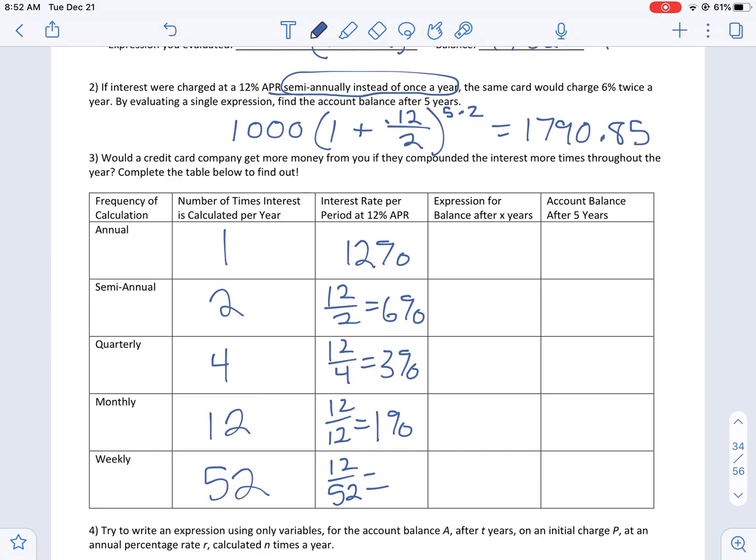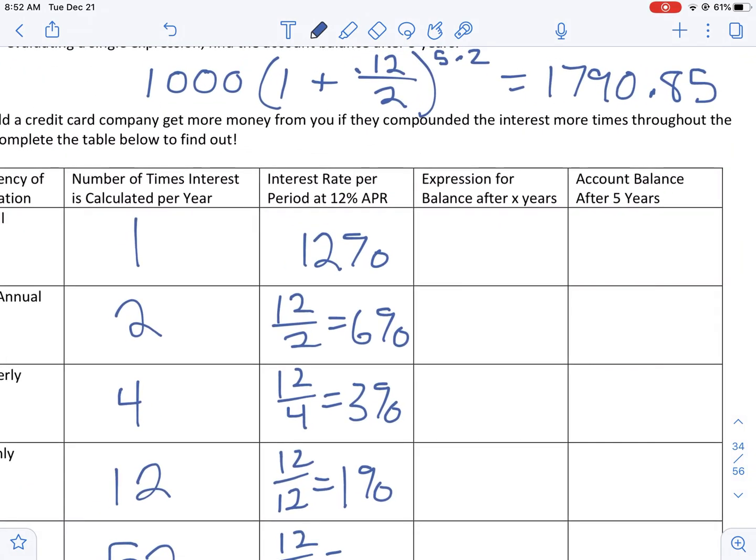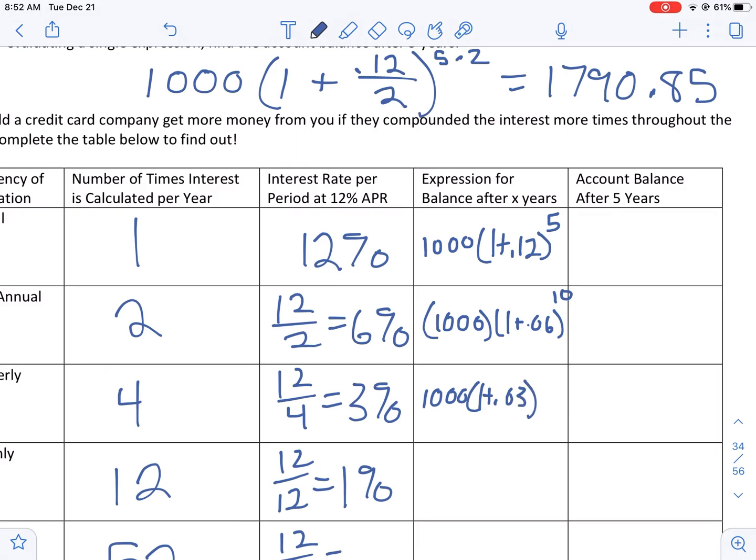So when calculating this, our expression would be 1,000 times 1 plus 0.12 to the 5. This one would be 1,000 times 1 plus 0.06, but we're checking it twice a year, so that would be to the 10. 1,000 times 1 plus 0.03, 4 times a year for 5 years, so that's 20. 1,000 times 1 plus 0.01, you're checking it 12 times a year, so 12 times 5 is 60.